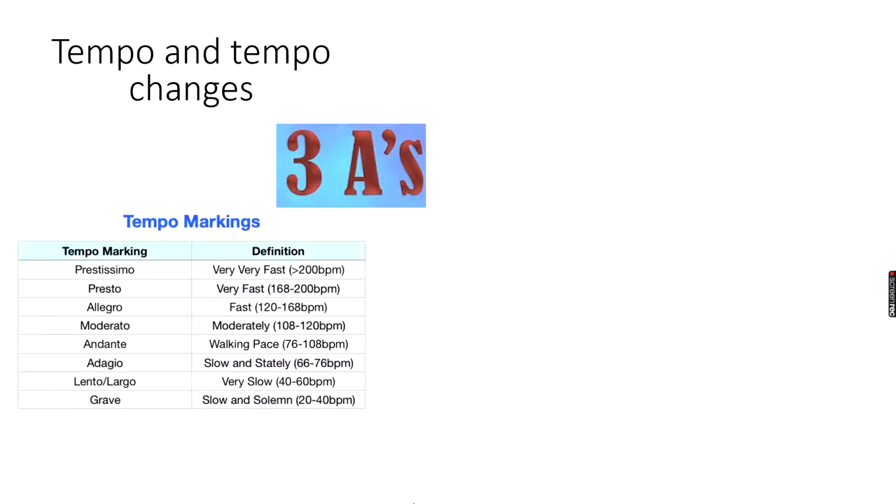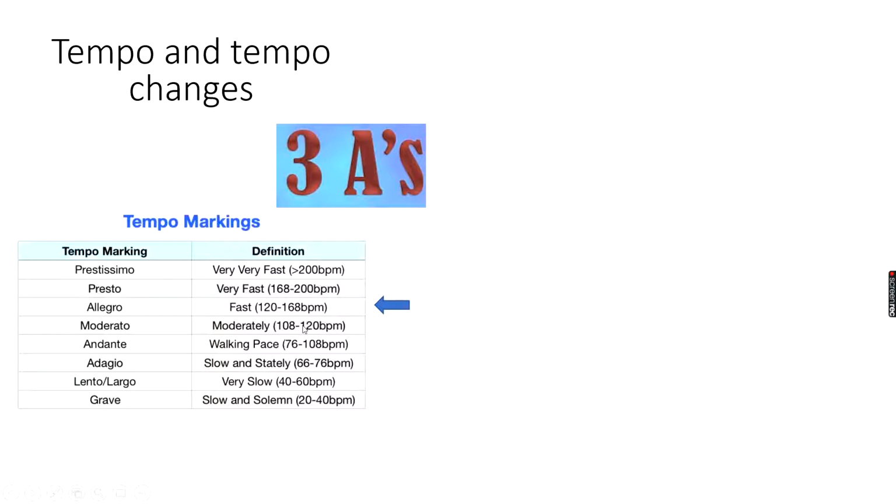So if we remember our 3 A's, we will know that allegro means quick. So the pulse is going at a consistent fast pace. And as you can see here, the beats per minute, so this means how many beats we hear in a minute.